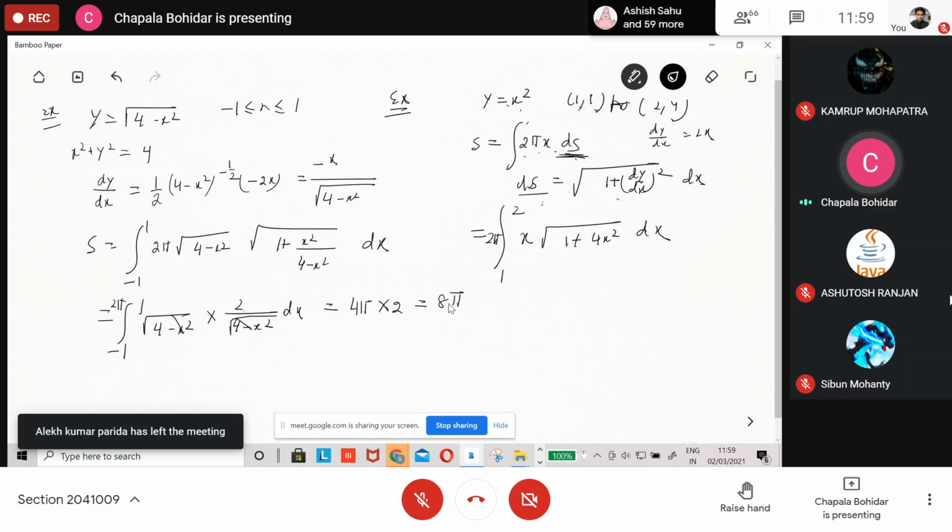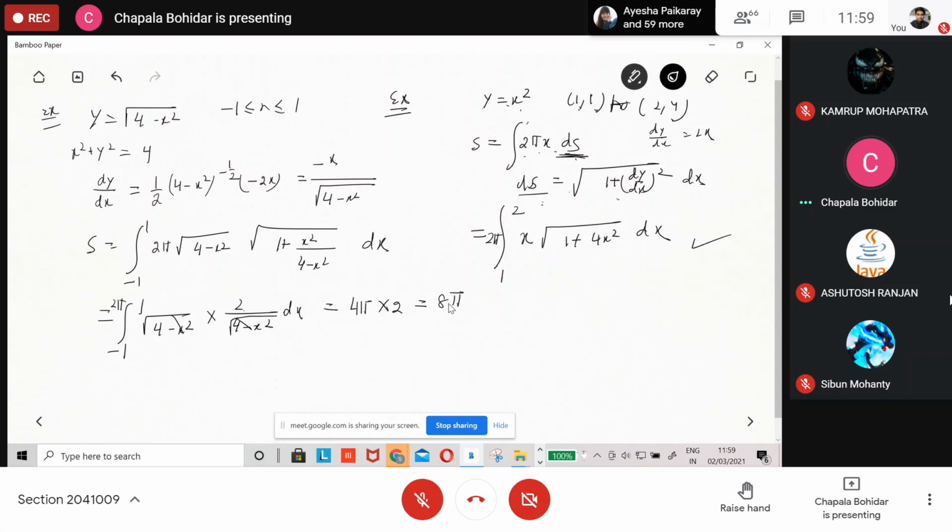Now you can put it as t, then after that you can solve and get your result. Put 1 plus 4x square is equal to t. Then 4 into 2x, it is 8x dx is equal to dt. So x dx is equal to dt by 8. You can put here the value, it is root t. So you can solve here, and at last you may put the limiting value.